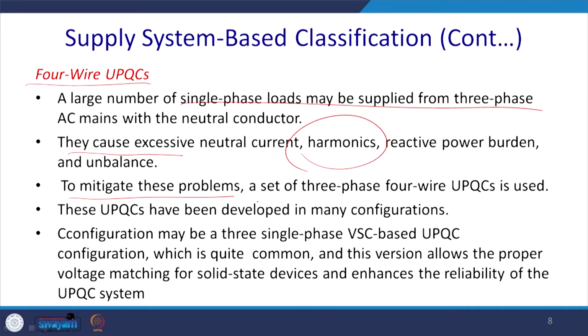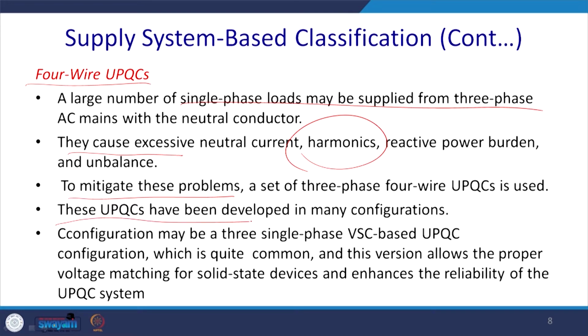Same way here you require to find out in many buses, which bus has the maximum power quality problem in case of the harmonic, and thus you have to put this UPQC at its saddle point. So, that itself is a topic of research. So, to mitigate the problem, a 3-phase 4-wire system UPQC is used.